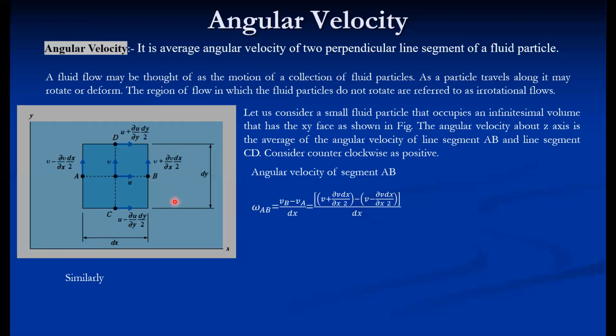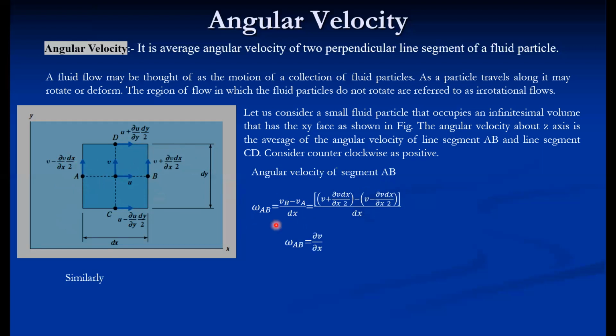So r in this case is dx, and the net velocity of line segment AB. So this is omega AB. Net velocity is velocity at B minus velocity at A, so the difference, that is VB minus VA. Now, instead of VB, we can put this expression, and instead of VA, we can put this expression, divided by dx.